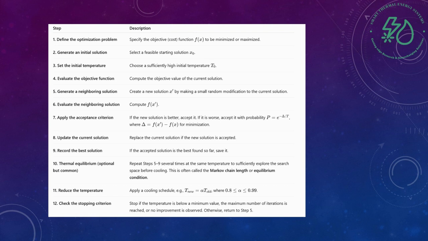This termination condition could be a minimum temperature, maybe a maximum number of iterations, or even no further improvement. And so then we can repeat from step 5, generating a neighboring solution. This is a step-by-step explanation of simulated annealing.